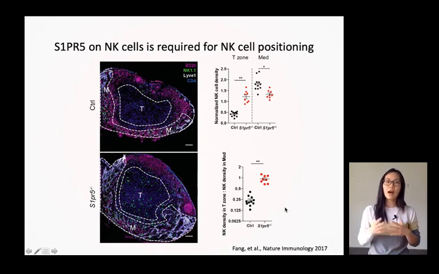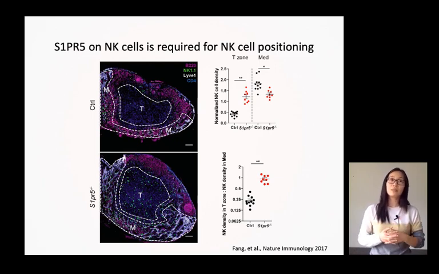We next asked, how are NK cells sensing the Spinster2 generated S1P gradients in lymph nodes? Now there are 5 known S1P receptors, 1 through 5, and NK cells express high levels of S1P receptor 5. And they're known to use S1P receptor 5 to egress from lymph nodes. So we asked whether S1P5 might allow NK cells to also position themselves properly within lymph nodes.